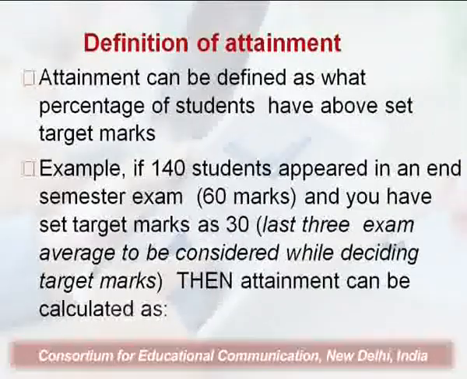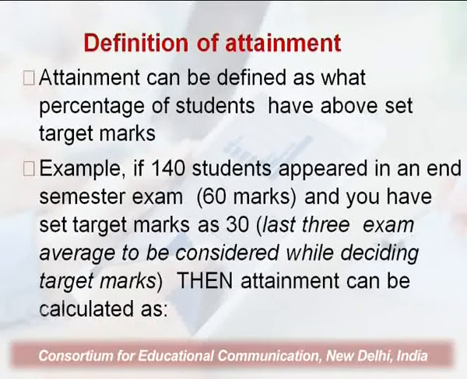Now coming to the definition of attainment. We have used this word many times, so let us have a look at the definition of attainment. Attainment can be defined as what percentage of the students have scored above the set target marks.